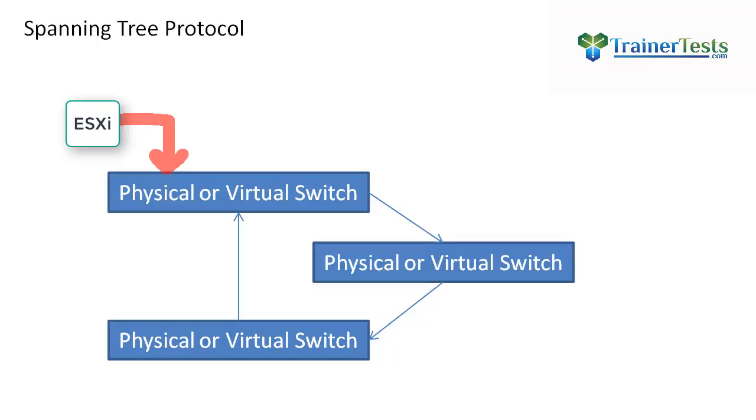When I connect up a physical port, spanning tree needs to check and validate that this port is not creating a switching loop. And if it is going to create a switching loop, it'll get blocked. And that takes a little time. This is what we call spanning tree convergence, where the switches agree on the topology and the appropriate ports are blocked. We don't need that to happen on the ports that we connect to our ESXi hosts. So we'll configure those ports in a special mode called PortFast that'll skip all of those spanning tree states, and the port will come up more quickly.